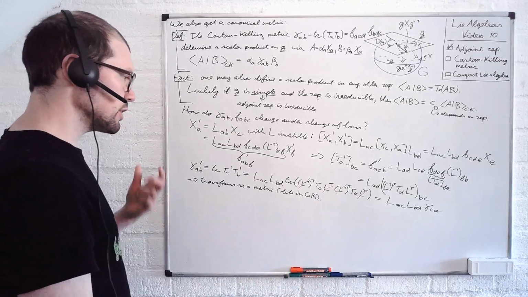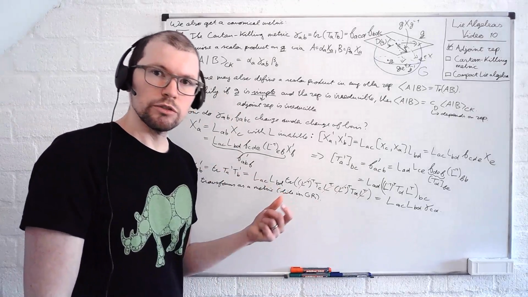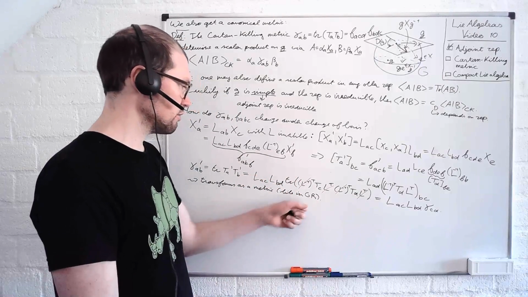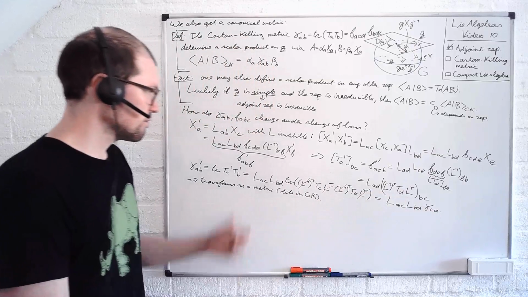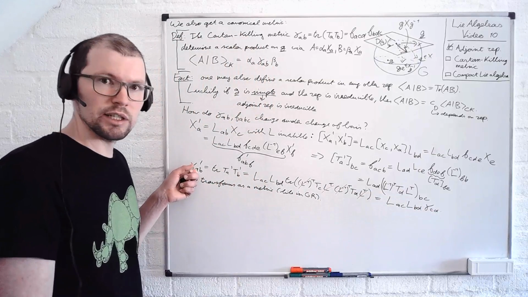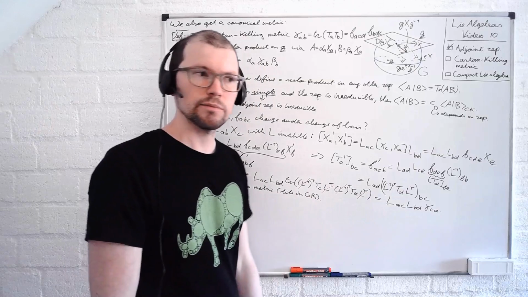Now that is useful because you can use the intuition that you have, say from general relativity, on how restrictive the possible forms are that the Cartan-Killing metric can take.